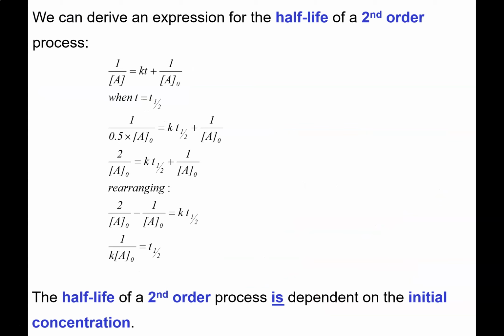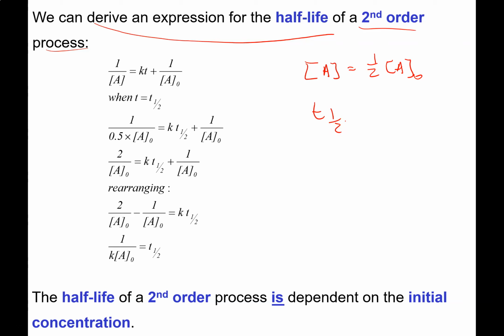Okay, so we can go ahead and derive an expression for the half-life for a second order process just like we did for a first order process. And so we know that when the concentration is equal to 1/2 of the original concentration, t 1/2 has passed. So here's my integrated rate law for my second order process. When the time that's passed is equal to t 1/2, then my concentration will be 1/2 of my original concentration, and my time will be t 1/2.